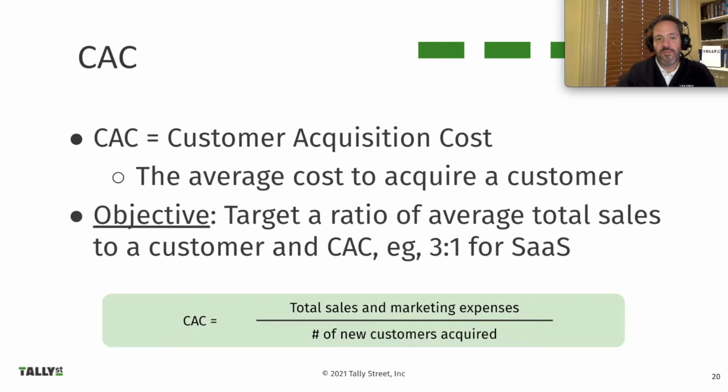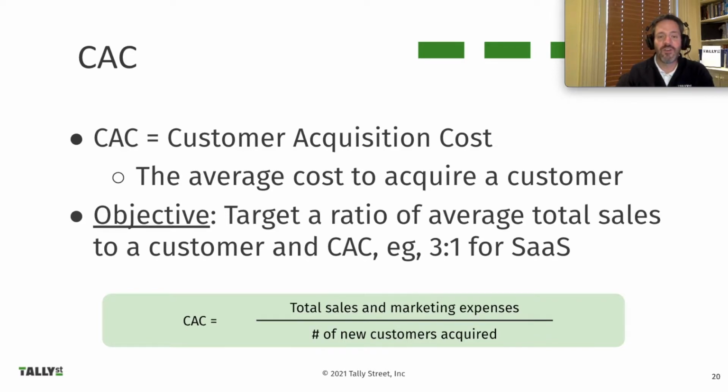The objective, or how much should be spent, what is a strategic or reasonable or good target for CAC, is maybe best thought of as not a number, but as a ratio. So usually what you'll do is put CAC in the context of how much revenue you expect to get from a customer during their lifetime.